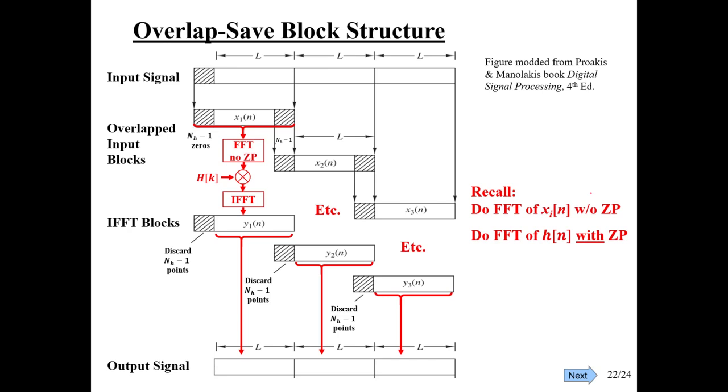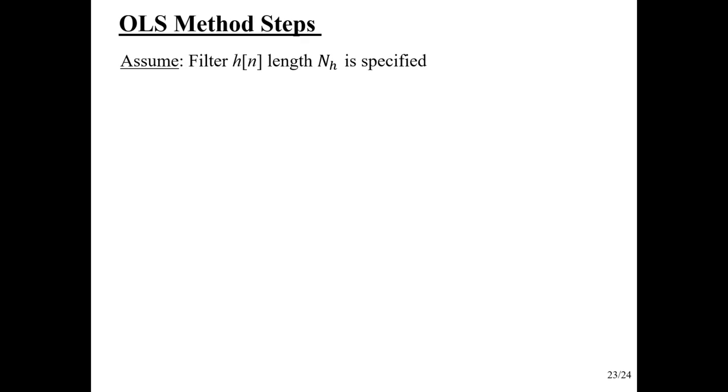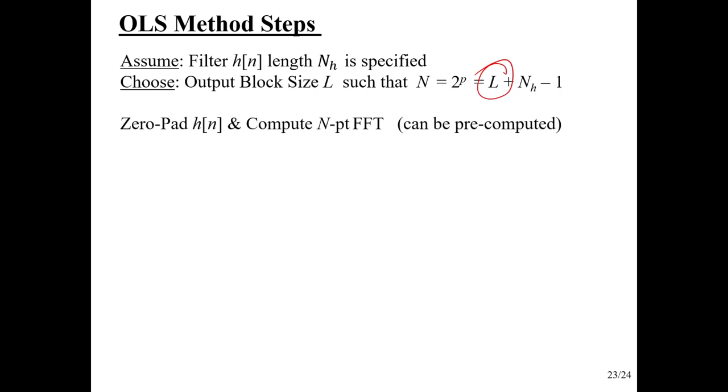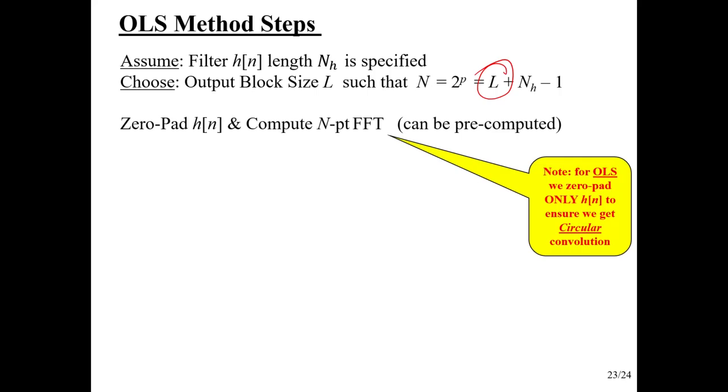And again, I'm just pointing out no zero padding on the signal blocks. Okay, so this is just laying out the steps in an algorithmic way. I'm going to go through it a little bit quick because it's pretty much the same as before. Choose our output block size, zero pad, pre-compute the filter FFT.